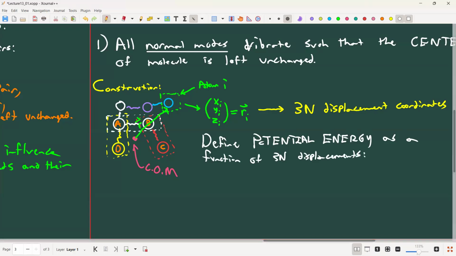I want to think about how the energy of the system moves as I move each atom along each coordinate. That's a really nasty thing to write down when you have this many atoms, which is why I want to find some simplification. So imagine if I have benzene that's got 12 atoms, that's 36 different coordinates you have to consider. Kind of a pain in the butt.